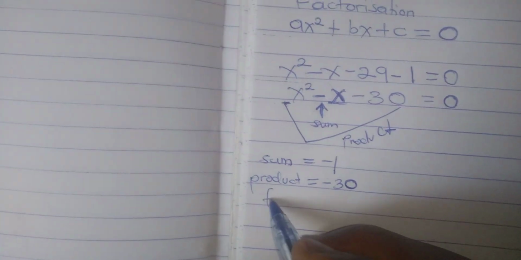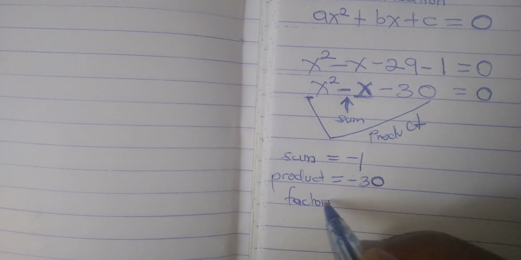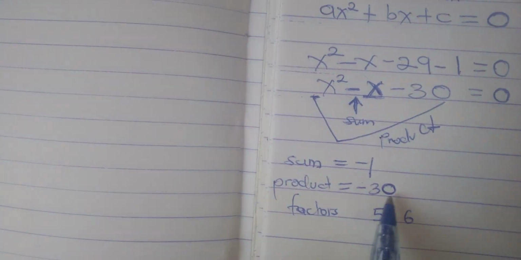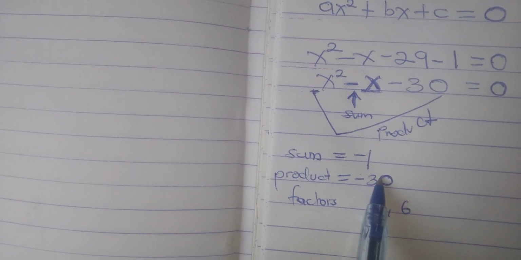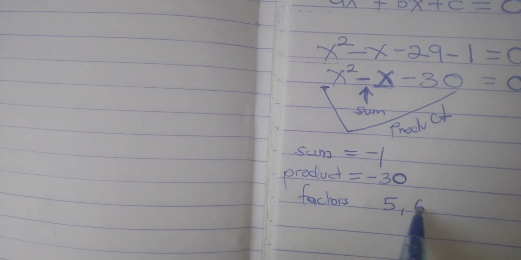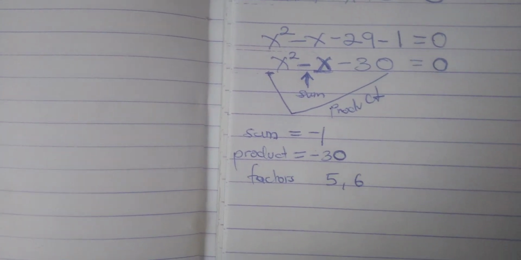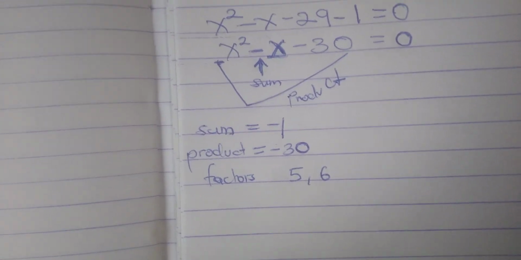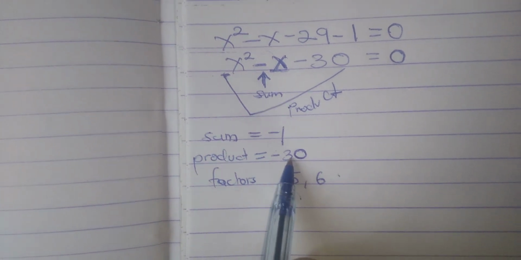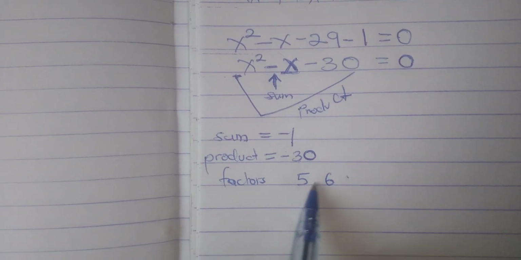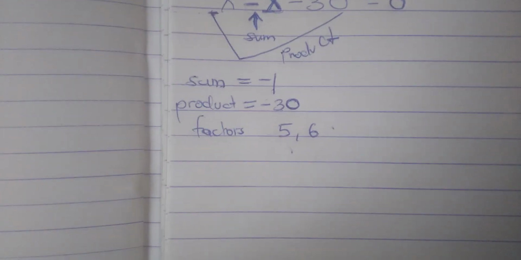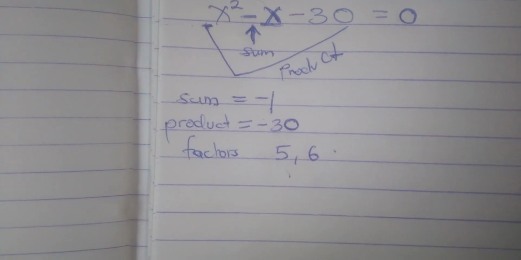So the factors we are looking for are 5 and 6, because when you multiply them you get 30, and there is a difference of 1 between the two. From there, put into consideration the signs. Make sure that when you multiply these two numbers you get negative 30, and when you add them you get negative 1. Where will you put the negative?